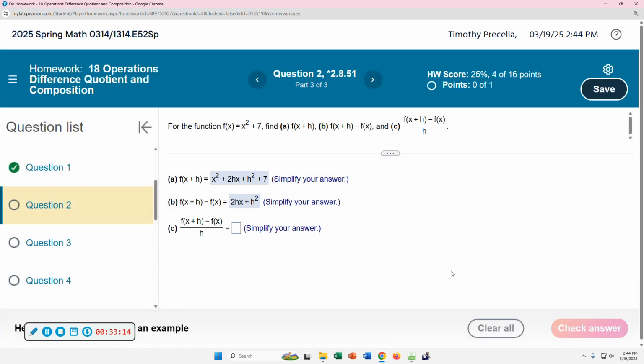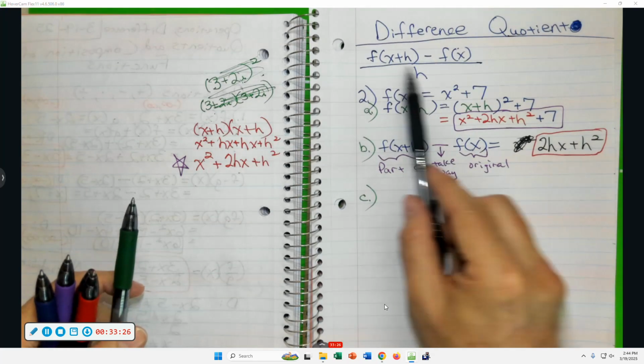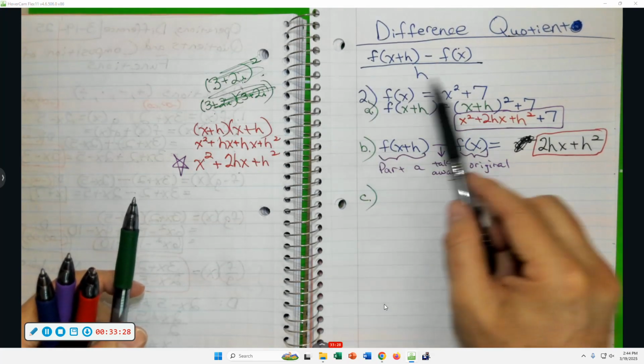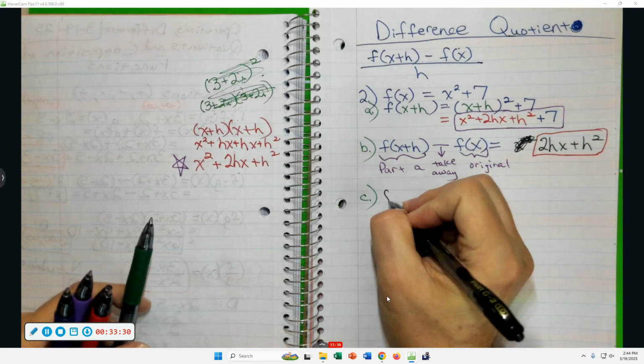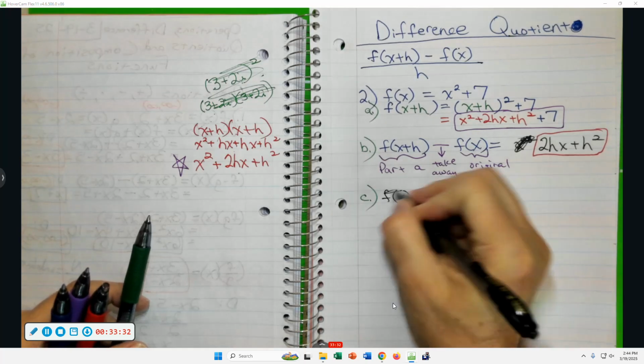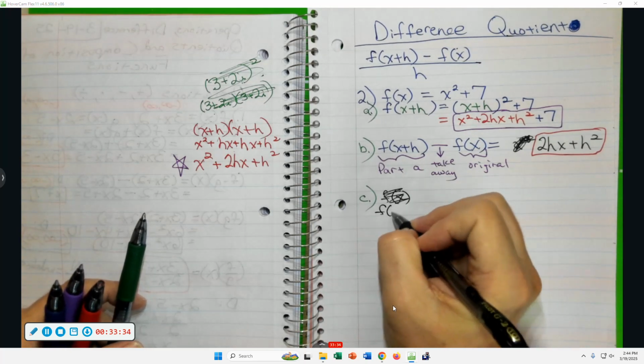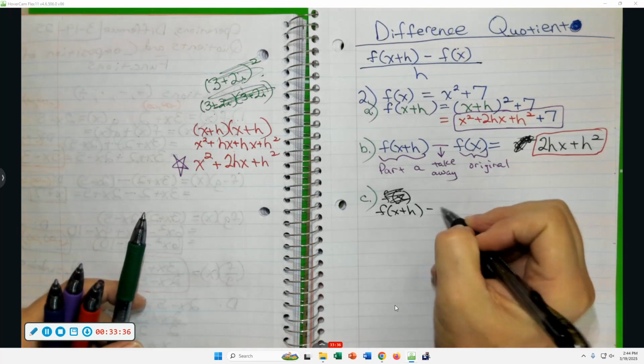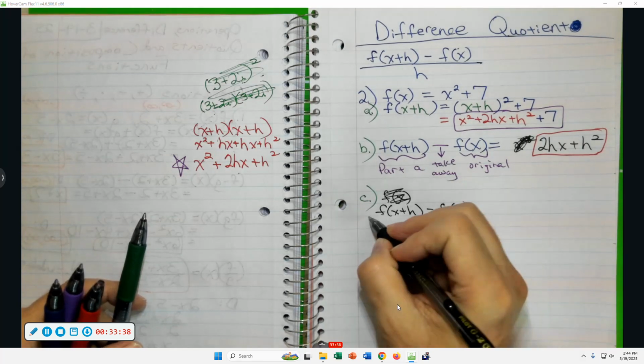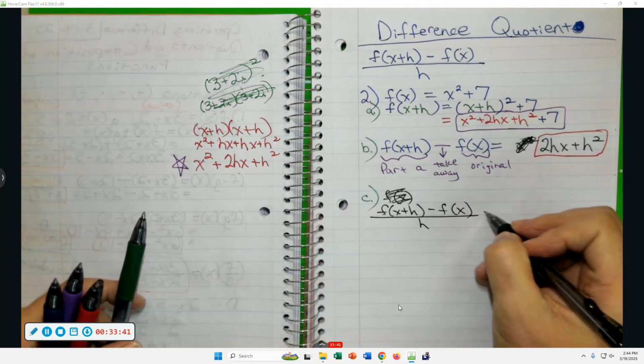We're finally ready to evaluate the difference quotient. They're saying, well, put it back over here. We're finally ready to simplify that difference quotient. F of x plus h, all over h.